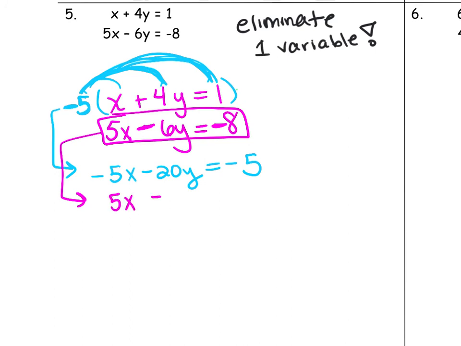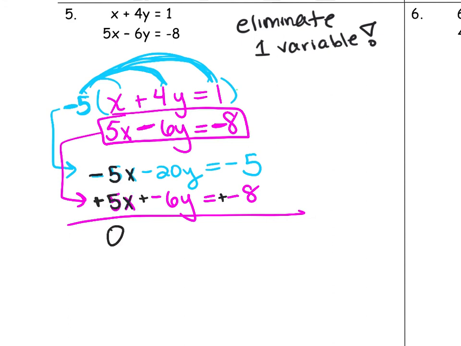That's 5x minus 6y equals negative 8. We add vertically. Negative 5x plus 5x is 0x. That was the purpose, get them to cancel. Negative 20y plus a negative 6y is negative 26y. And negative 5 plus negative 8 is negative 13.